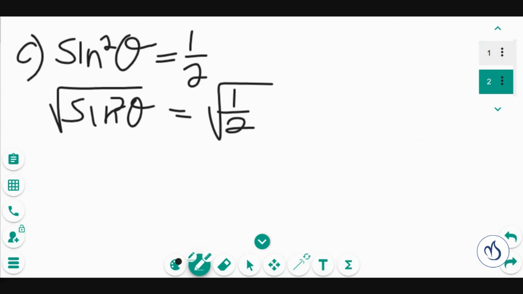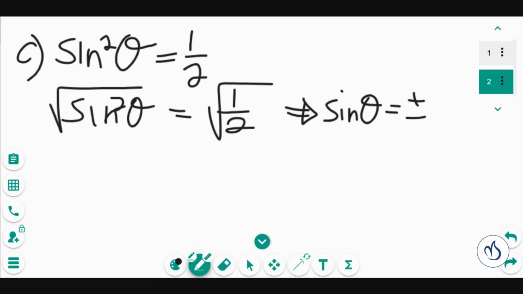And that would imply that the sine of the angle theta is equal to, now when you take the square root, you're going to have two answers. One is positive and the other one is negative.